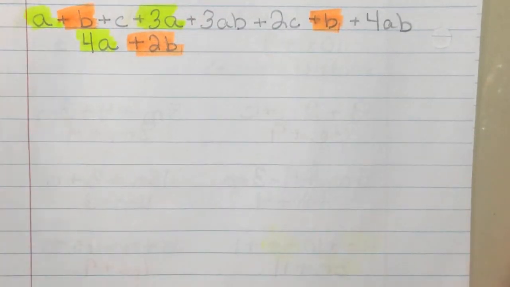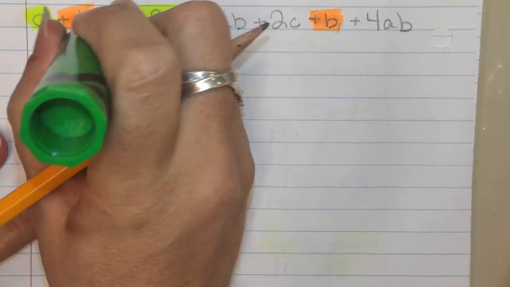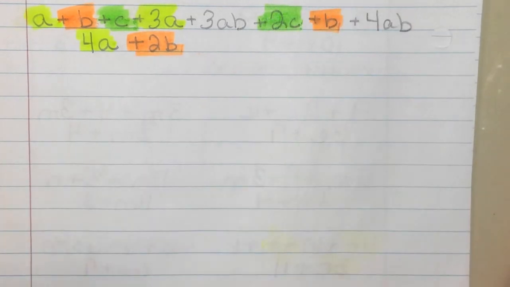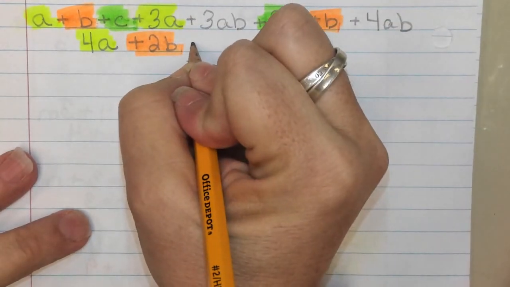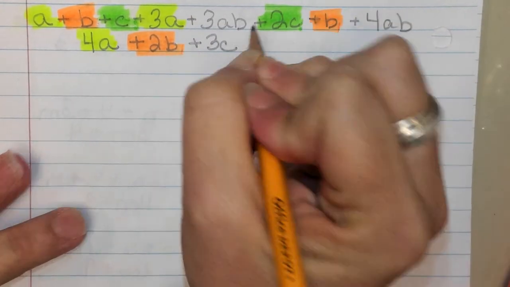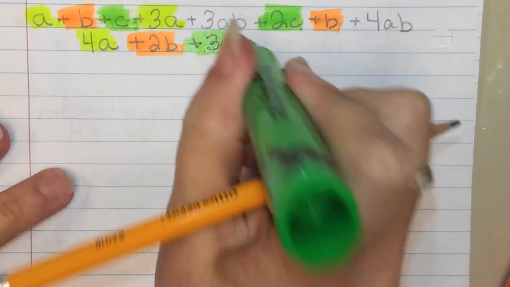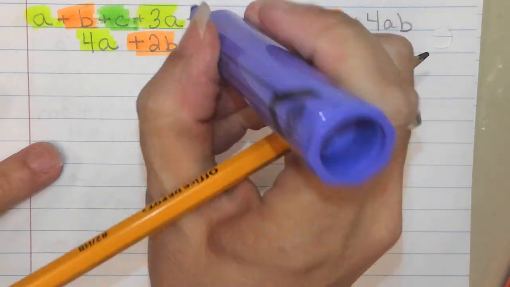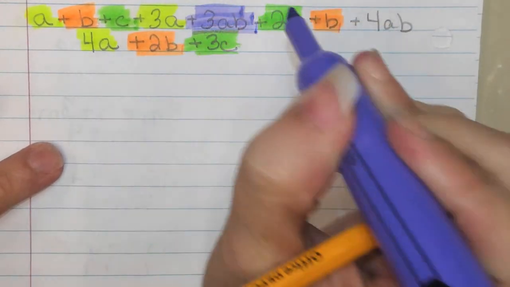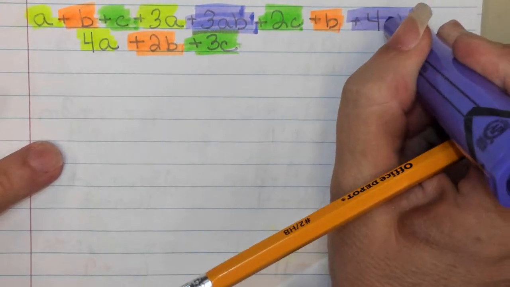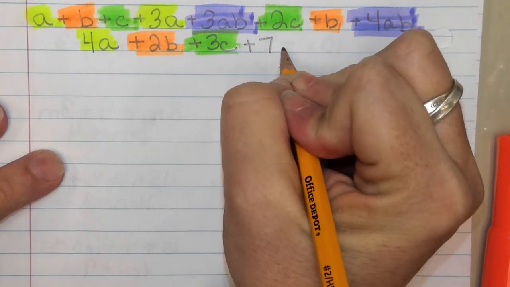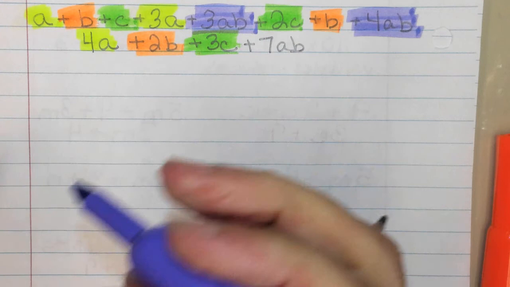Now I got just one C, plus 2C is 3C. And then the last one, I've got 3AB plus 4AB, which is 7AB.